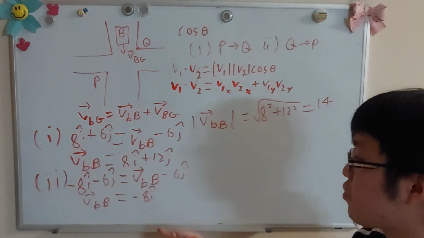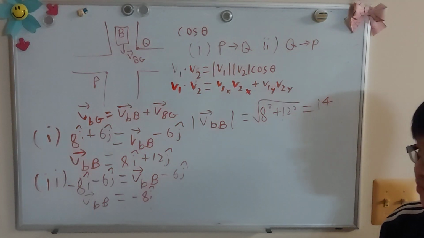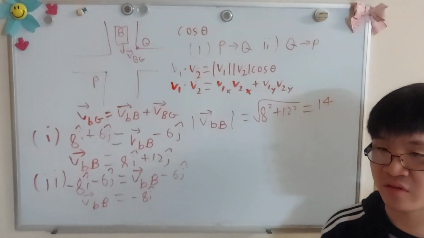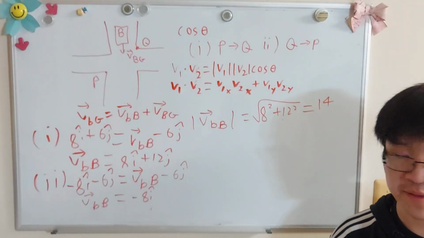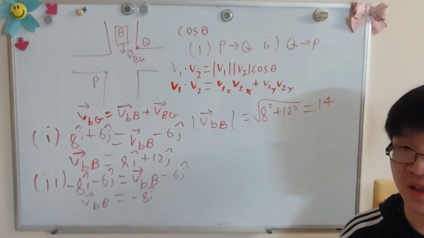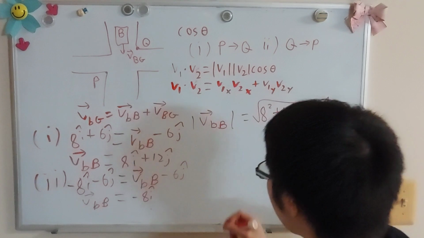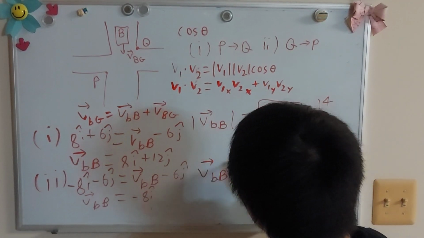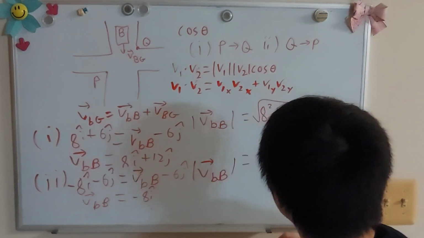In case 2, there's only one component we need to worry about, and we know from studying vectors that the norm of a vector with only one component is basically the absolute value of that component. So the magnitude of the velocity of the ball relative to car B in case 2 is just 8.